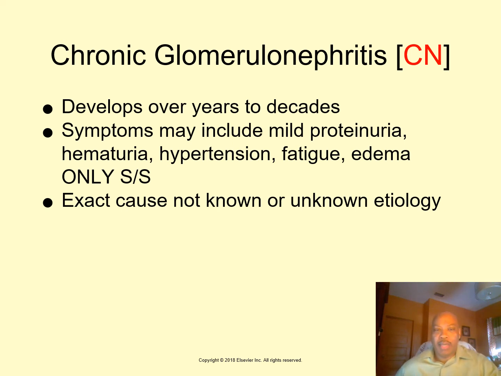This is what you will be able to see under a microscope, which should point to chronic glomerulonephritis. A microscopic view of the renal tissue shows immune complexes and inflammation. So you'll be able to tell that some inflammatory or immune complex response did occur.